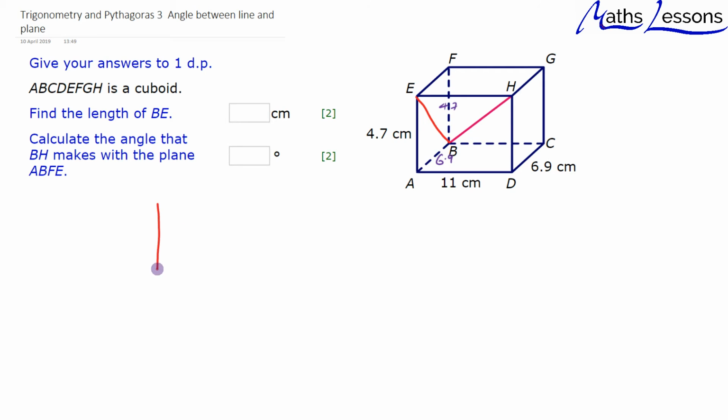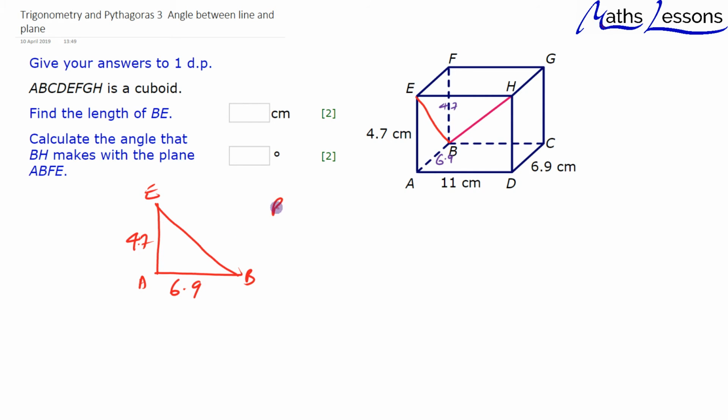If we draw out that triangle as a right angle triangle, we can see we've got B here, we've got A here, and we've got E here. And this is 4.7 and this is 6.9.